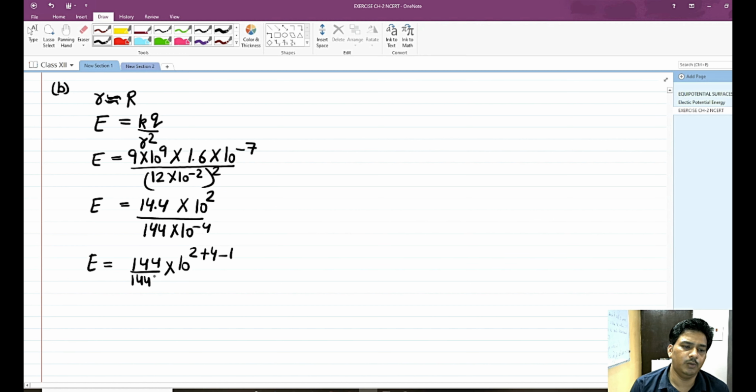We remove the decimal point. So E is equal to 10 to the power 4 plus 2 minus 1, that is 10 to the power 5 Newton per Coulomb. This is the electric field just outside the spherical conductor. So by this method we can calculate the value of the electric field.